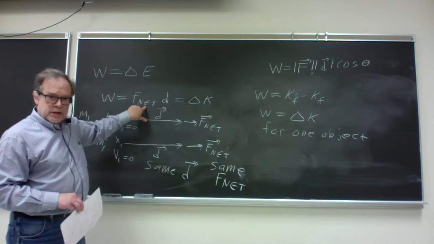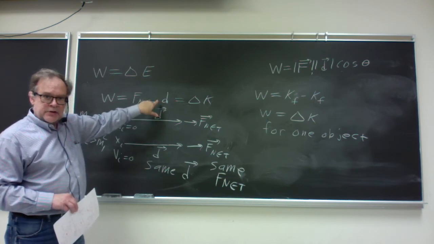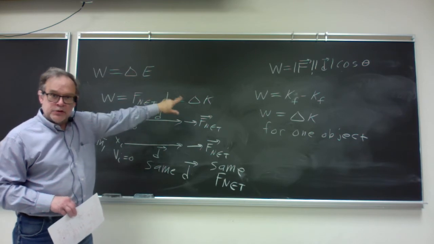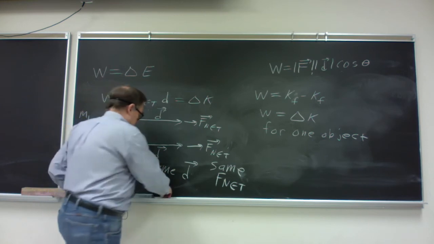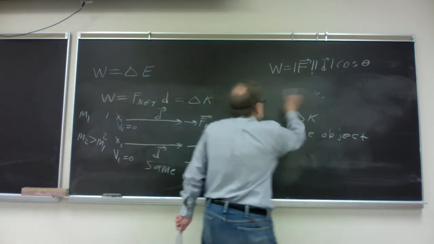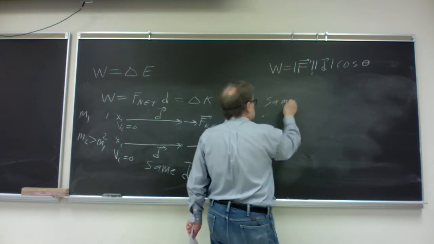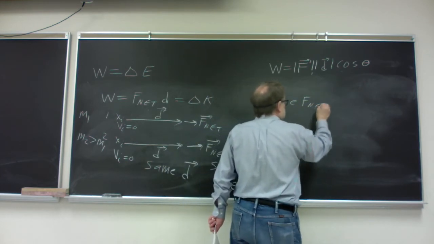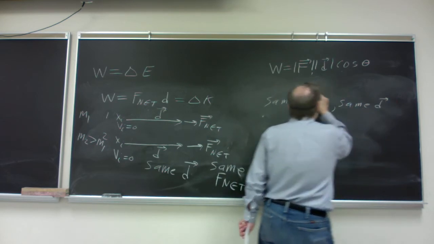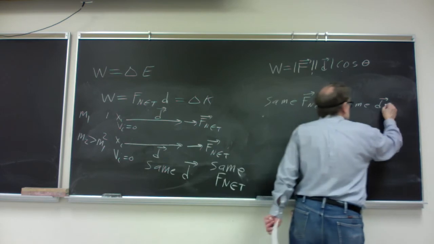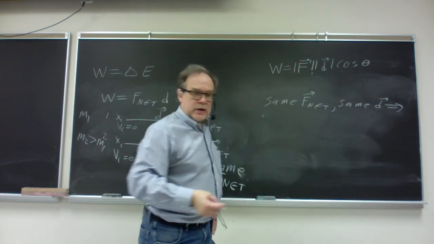So net force is the same for both of them. The size of their displacement, the magnitude of their displacement is the same for both of them. So they both have the same change in kinetic energy. Same force over the same distance, and they're both traveling in the same direction.